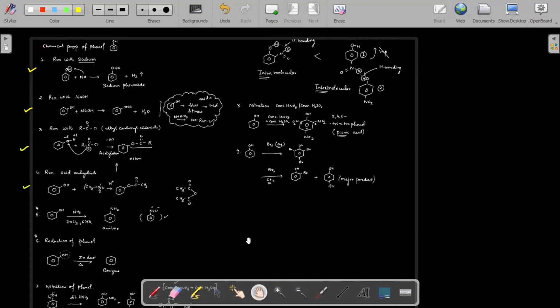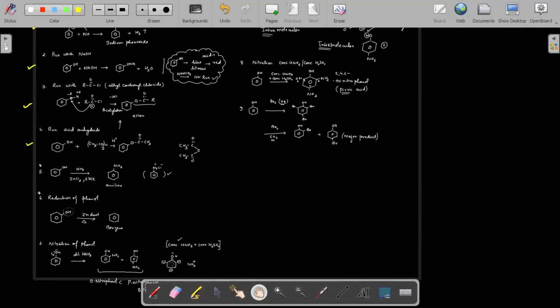And reacting with NH3 in the presence of ZnCl2, we got aniline. Reacting phenol with zinc dust and heating it, we get benzene. So these are the two star reactions for us, because for conversion, these two reactions are very, very important if we have to convert one product to another. So you can take the help of these two reactions.